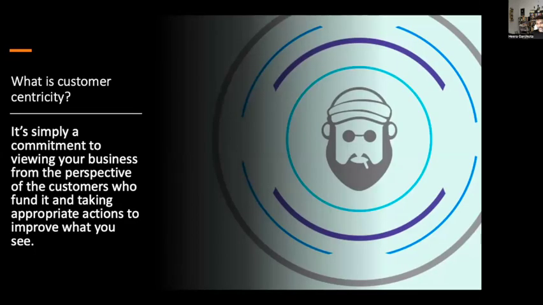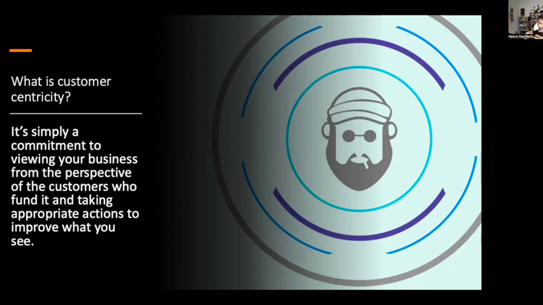And one of the things we looked at in, I think, part 2 is how to develop the customer first and then the product. The customer comes before the product. And that's where the concept of customer centricity comes in. A lot of organizations talk about customer centricity, but you can ask yourself this question, looking at your process and at your product or services: am I really committing to seeing everything I do from the perspective of the customer who's funding it?